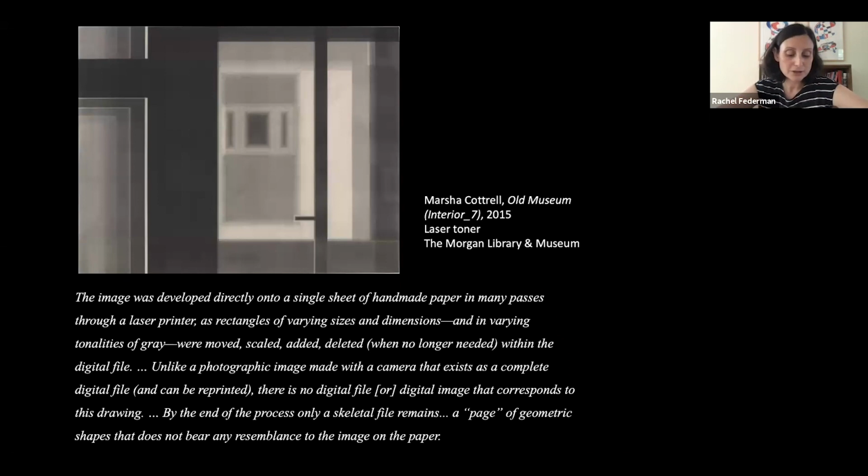Unlike a photographic image made with a camera that exists as a complete digital file and can be reprinted, there is no digital file or digital image that corresponds to this drawing. The file begins as an empty page, and decisions there are made relative to how I see things developing on the paper. By the end of the process, only a skeletal file remains, a page of geometric shapes that does not bear any resemblance to the image on the paper."